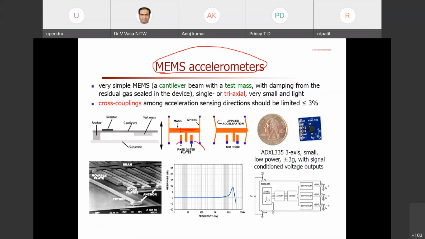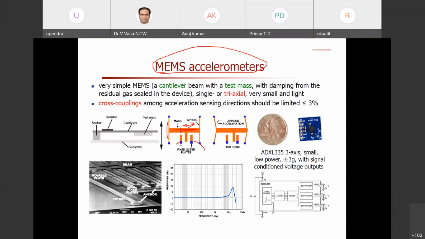The inertia mass is held by spring loads, that is, flexible beams. Whenever a jerk occurs, the inertia mass moves between these two plates.